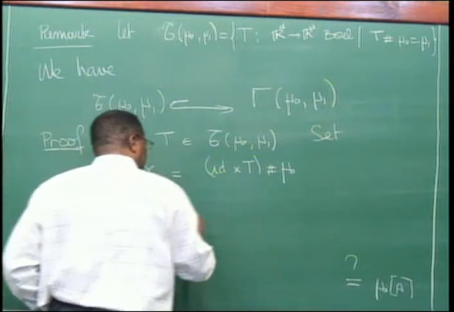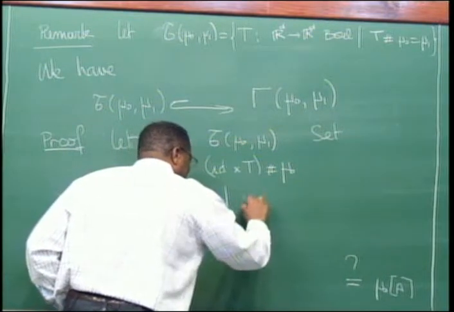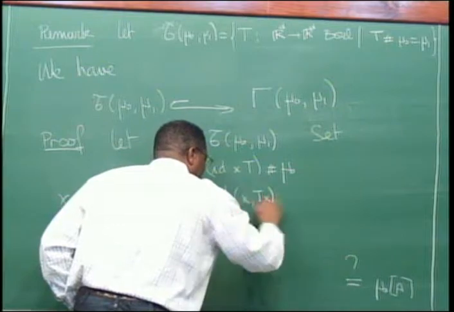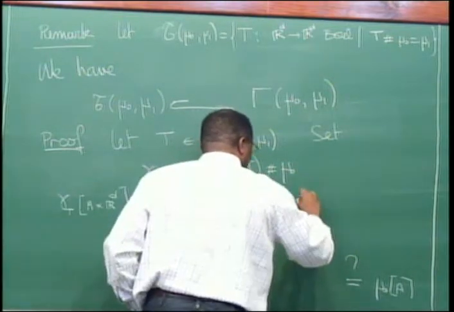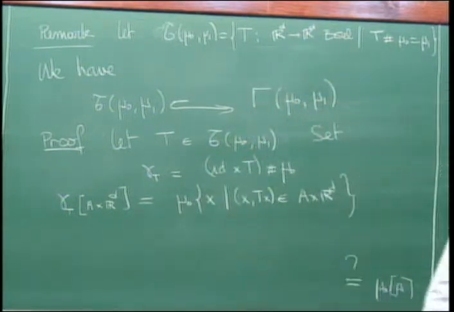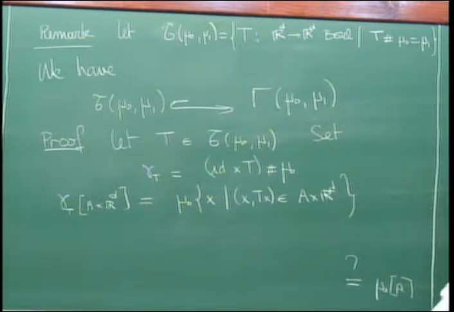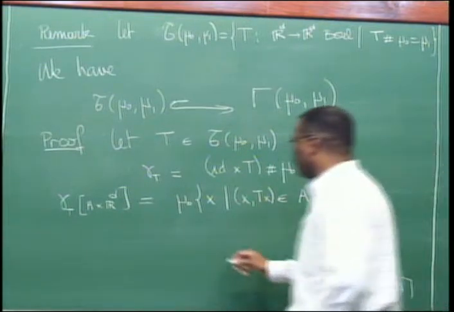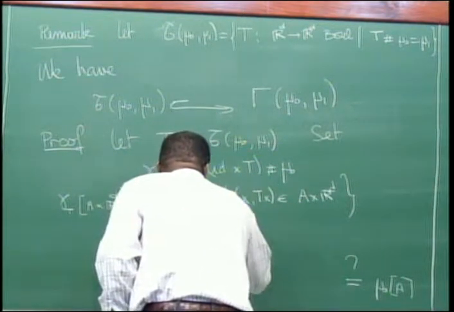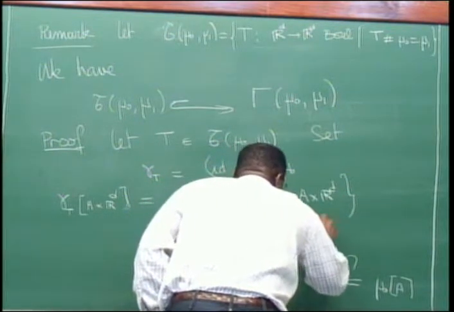This is mu naught of the set of x such that x, T of x belong to A cross Rd. That is the definition of push forward. But this condition, T of x belongs to Rd, is not a constraint because we know that T of x belongs to Rd. So this is the measure of the set of x such that x belongs to A. And that is mu naught of A.